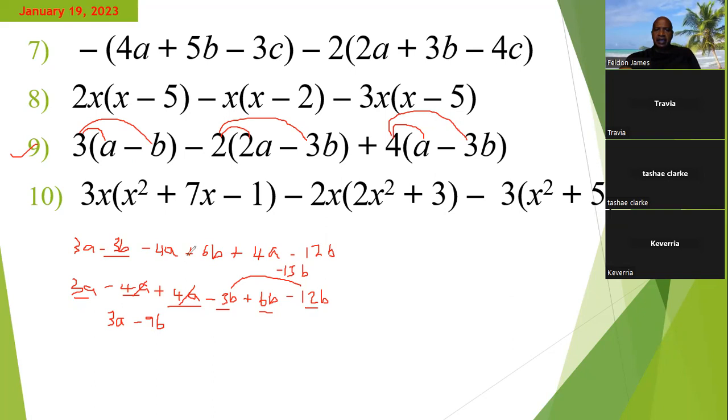Yes, sir. I have all of that worked out. And then now you have minus 3B plus 6B minus 12B. Have that? Yes, sir. You're good with that, right? All right, so what we need now is to simplify by adding the like terms.